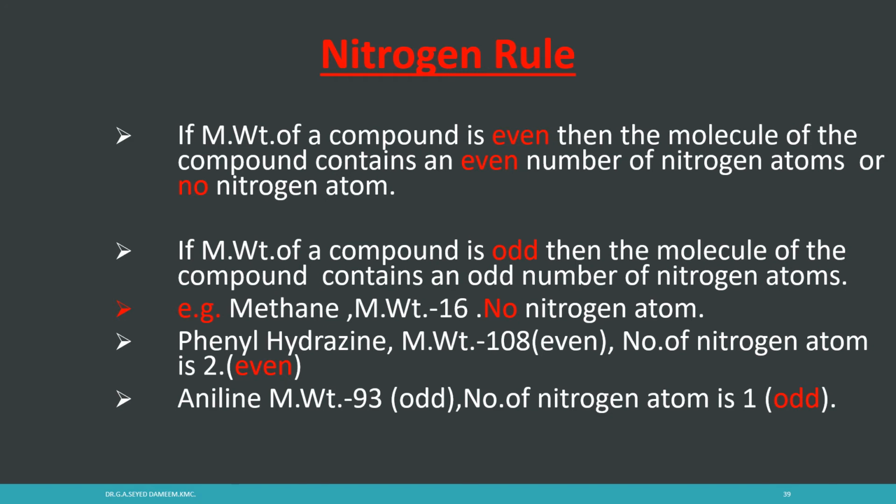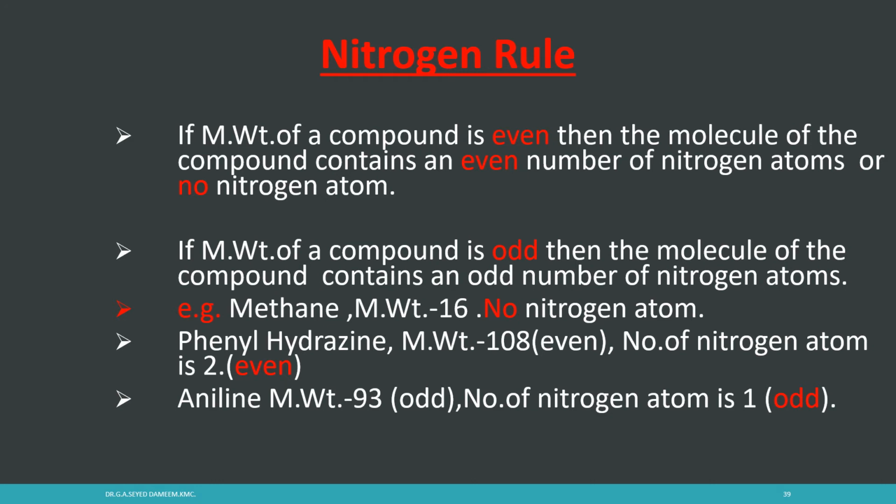For example, methane has molecular weight 16 and no nitrogen atom. In the case of phenylhydrazine, the molecular weight is 108, which is even, and the number of nitrogen atoms is 2, an even number.